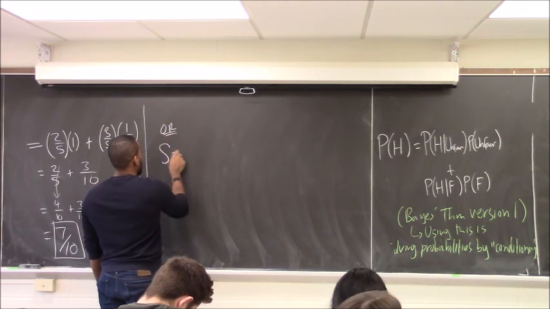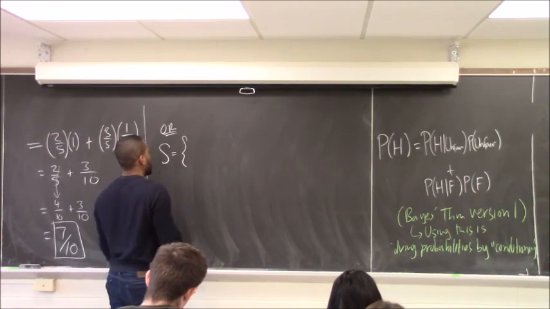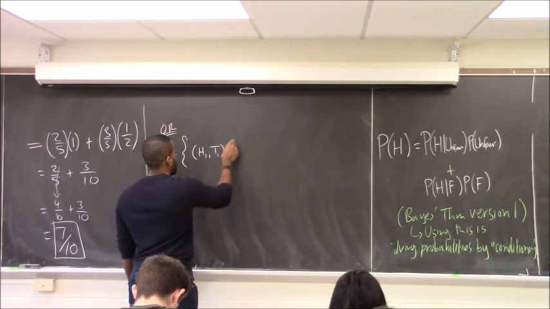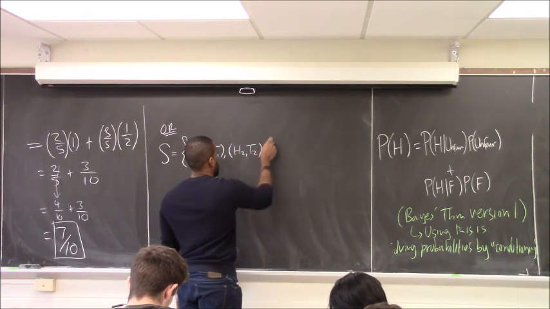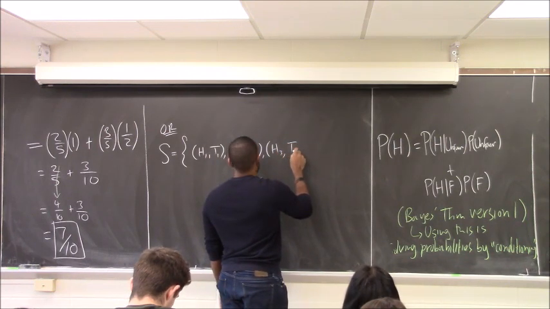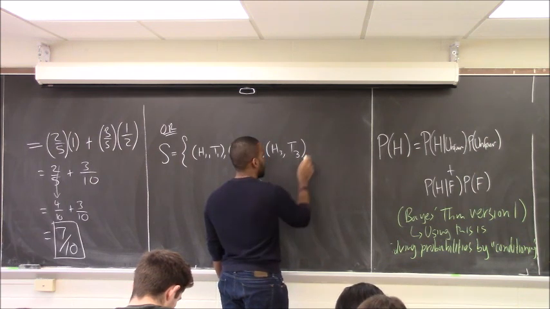So you can think of the sample space as the first coin, the second coin, third coin. How many were there? 3?